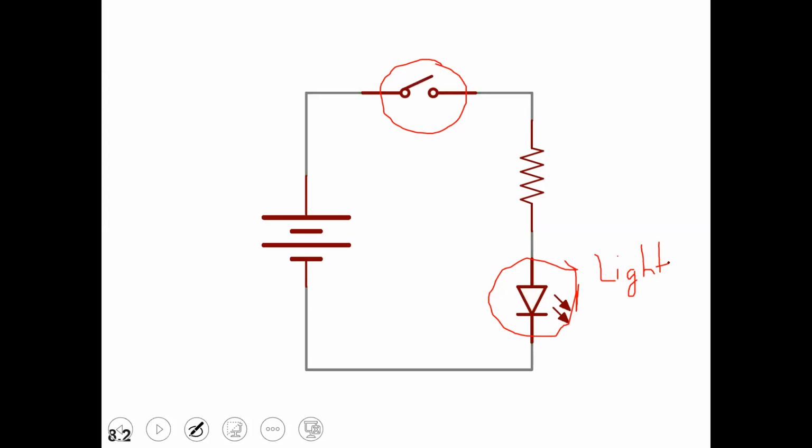So what the switch is doing is creating a pathway for the current to pass. Now, the thing to see over here is that in data communication too, what a switch does is it creates a pathway.